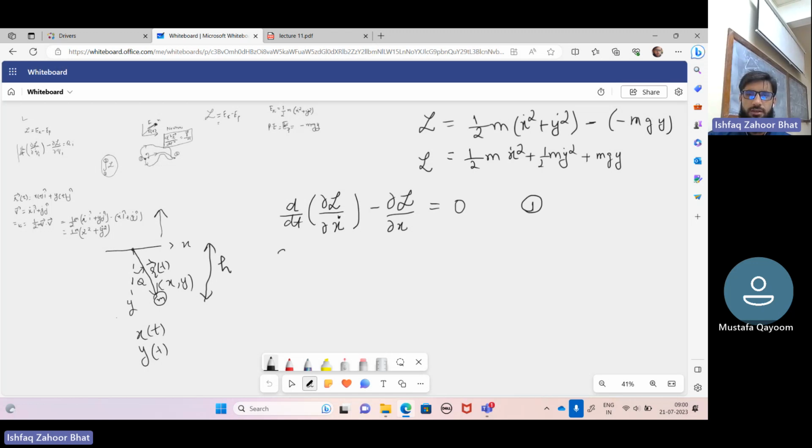The second will be d by dt of partial L, the Lagrangian, upon partial y dot, minus partial L upon partial y, equal to what?